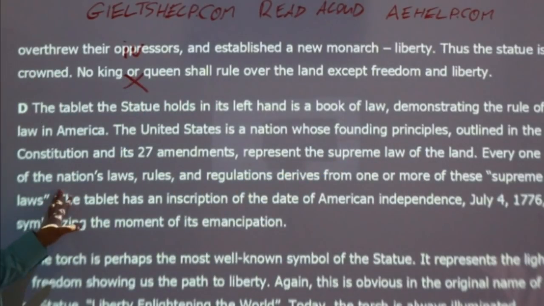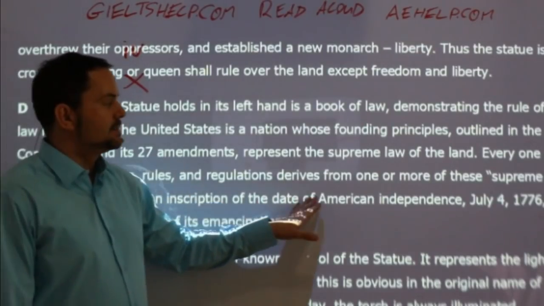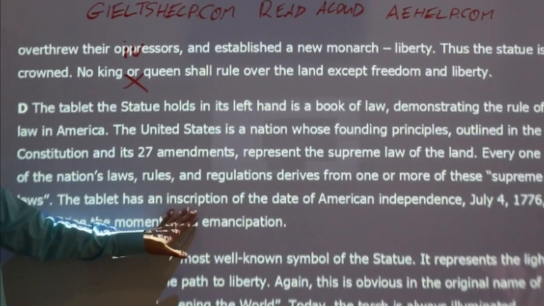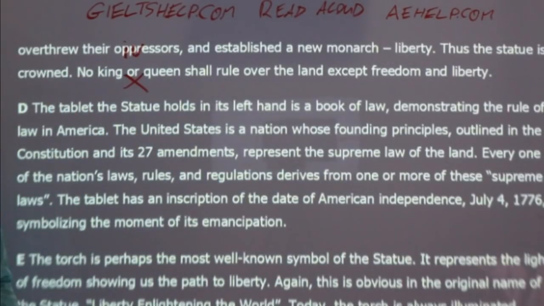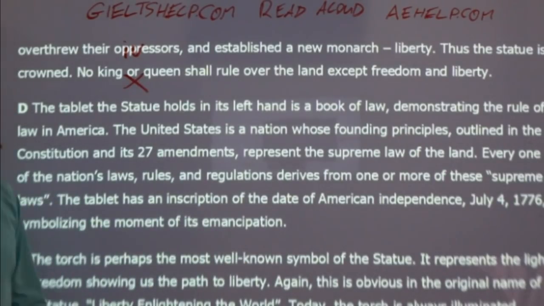Every one of the nation's laws, rules, and regulations derives from one or more of these supreme laws. The tablet has an inscription of the date of the American independence, July 4th, 1776, symbolizing the moment of its emancipation.